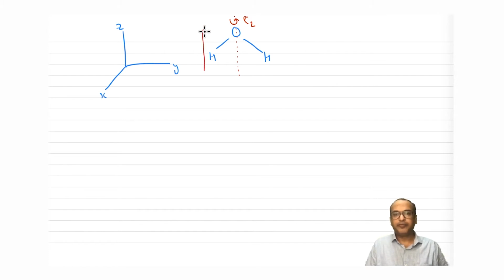Of course, we don't call it sigma h in this case. This is sigma v1, and then another plane is the one which is bisecting the HOH angle, and both of them are containing C2, and this one is called sigma v2.